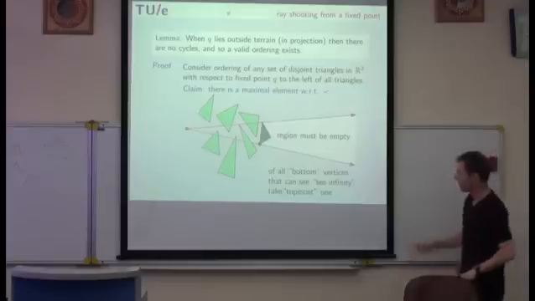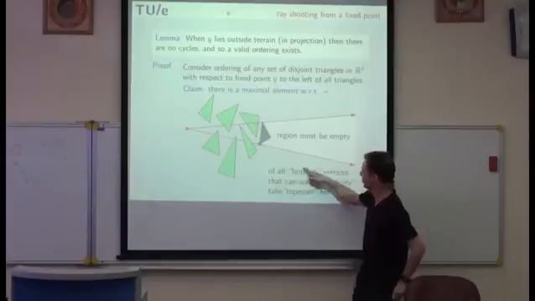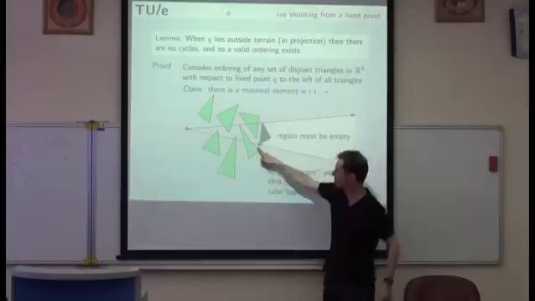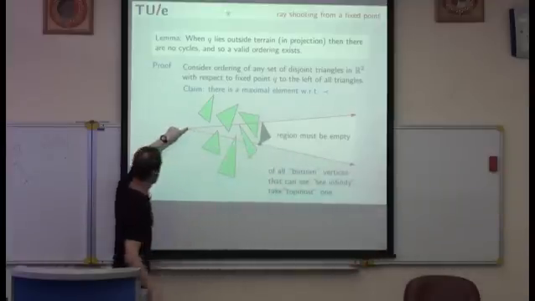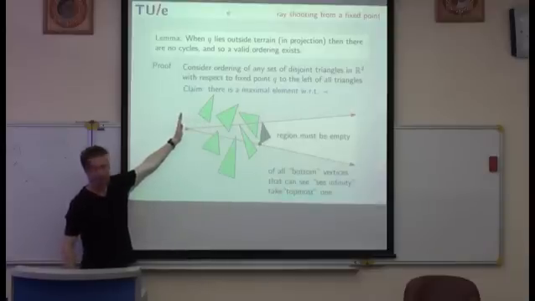And now for each of these triangles, look at what I've called the bottom vertex. What I actually mean is, let's say that this point is outside the terrain, so let's say it's to the left of all the triangles.